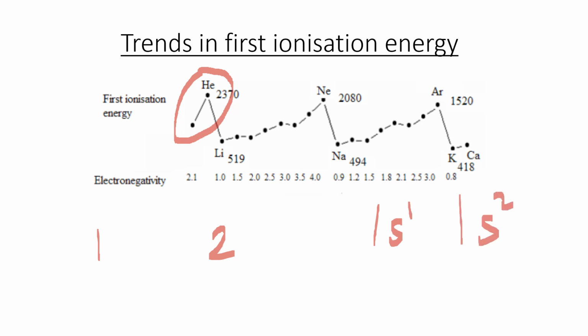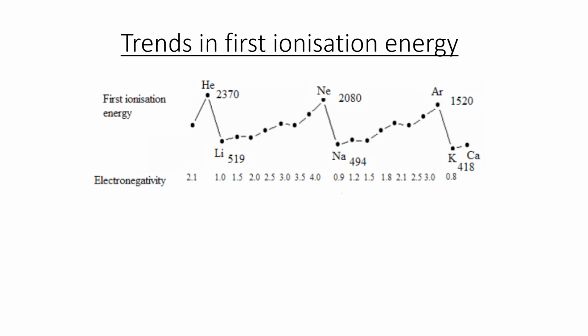So this electron is being added to the same orbital, which is the same distance from the nucleus, but the difference is the nucleus here, where it has 2 protons, is far more positive, and therefore it has a much stronger pull on this electron. And if it pulls it in tighter, it makes it harder for it to remove. And that's why the first ionization energy increases so much between hydrogen and helium.